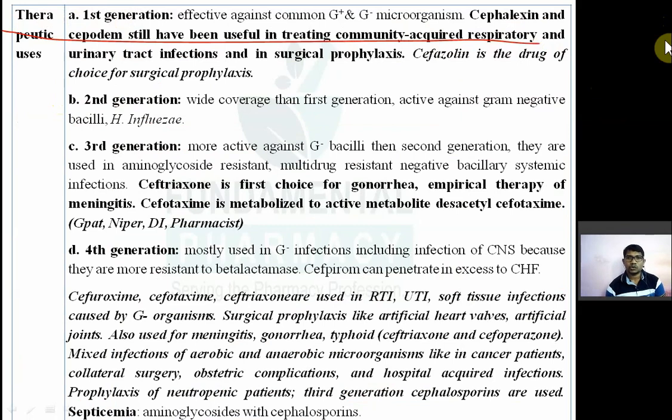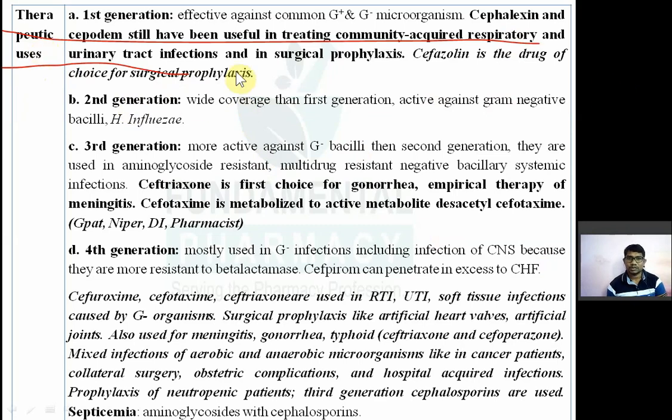Particularly cephalexin and cefadroxil are useful in community acquired respiratory and urinary tract infection. So RTI as well as UTI, they are used to treat respiratory tract infection plus urinary tract infection, and also used in surgical prophylaxis.